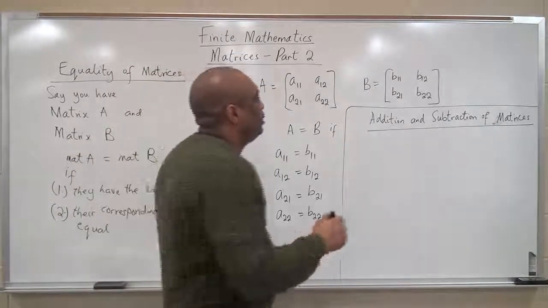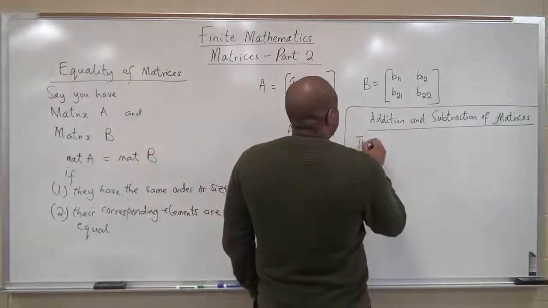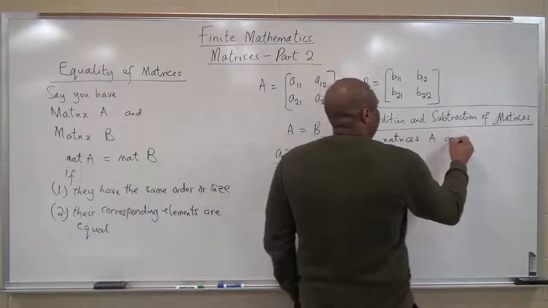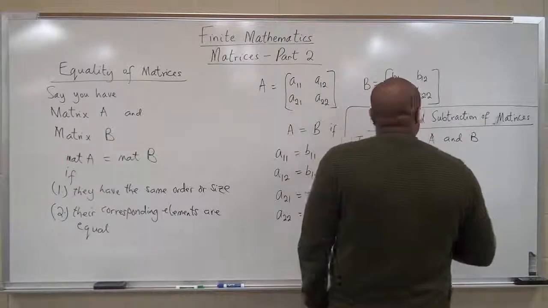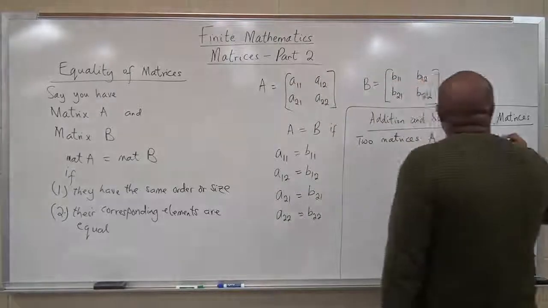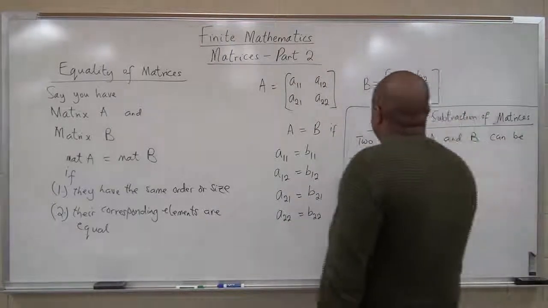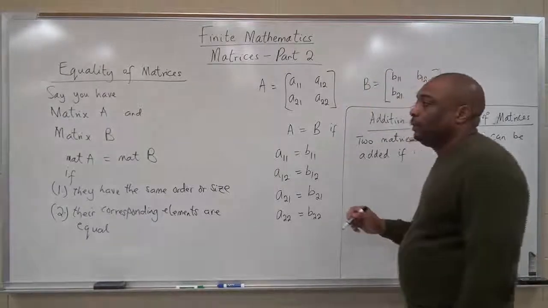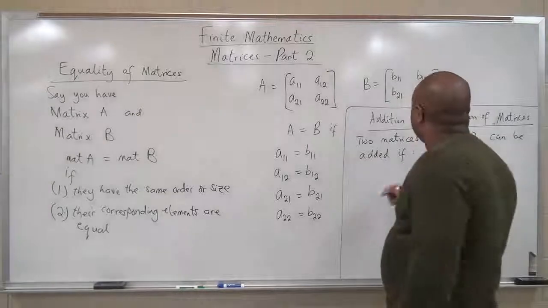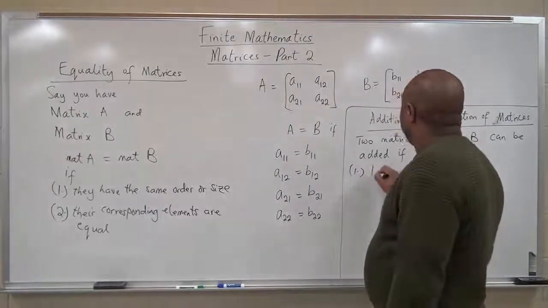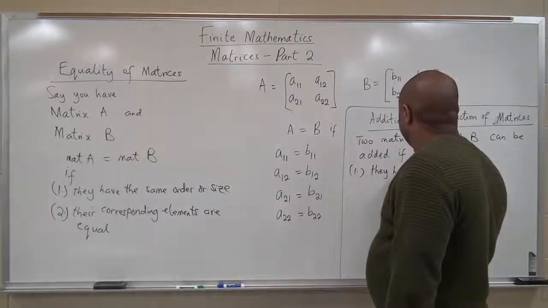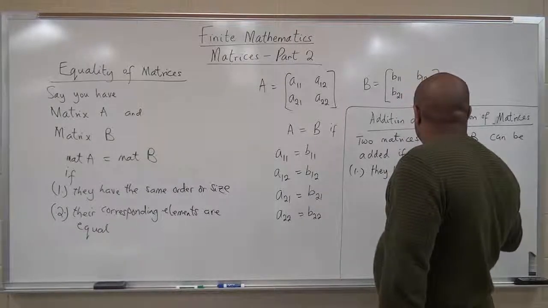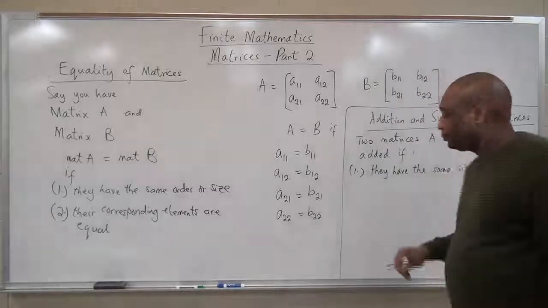Okay? So we say that two matrices, say you have two matrices, A and B, can be added if you can add the two matrices if, number one, they have the same order, they have the same size, or order.